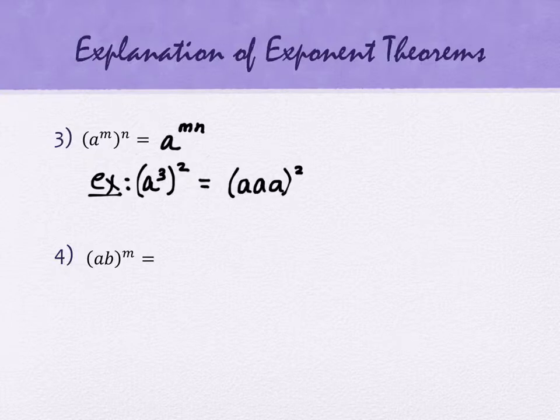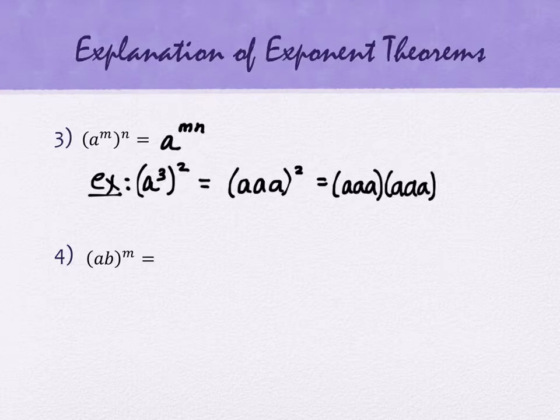Okay, so what does squared mean? It means multiply it by itself. So the itself that we're talking about here is this 3a bit. Okay, so squared means multiply whatever it is by itself. And if I notice then, how many a's do I have? 6. And again, how do I get from 3 and 2 to 6? You multiply.